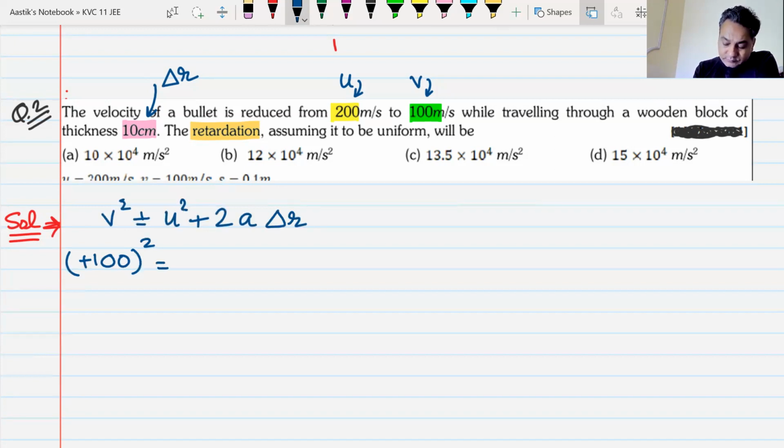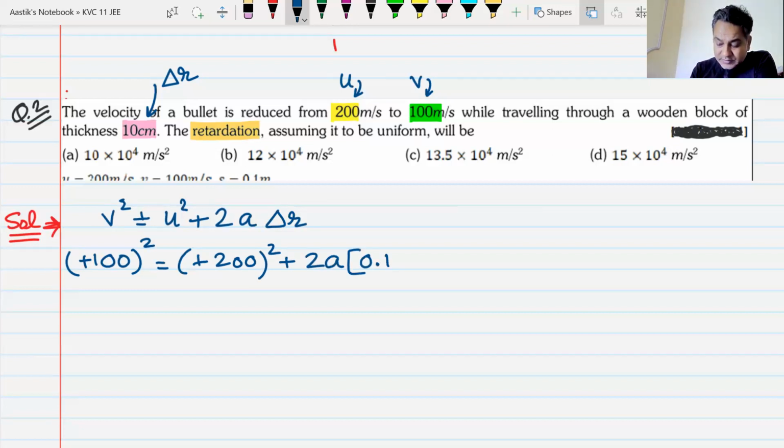Will be equal to plus 200 square plus 2 times acceleration multiplied by this 10 centimeters. So I have to convert it into meters, 0.1. Do we understand this? So from here, you will get the value of acceleration. It will be coming as negative. So you call it retardation. How much is it coming, my dear friends?